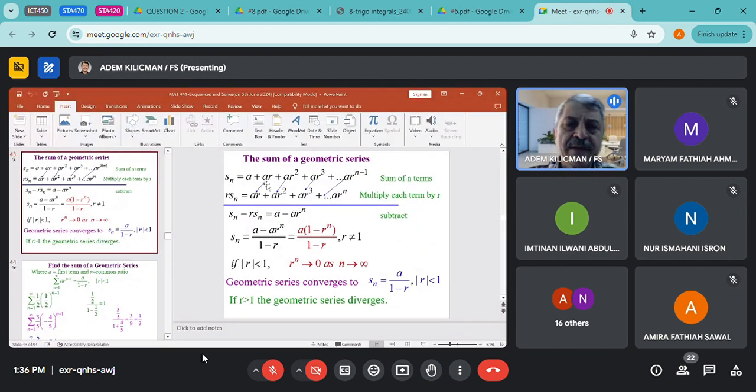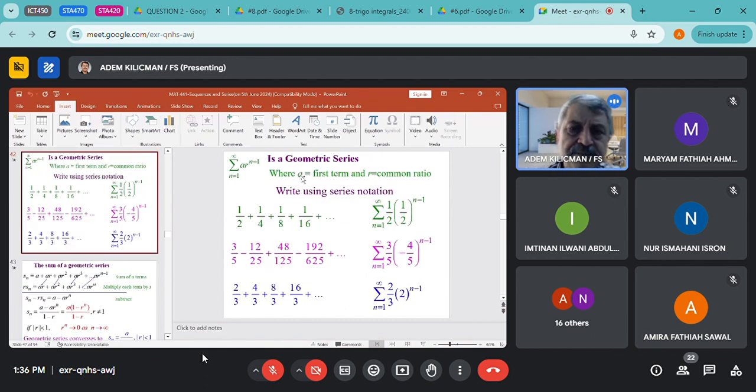Now, if you have the Sn, or we call that the partial sum, it is in the form of A, the first term, plus A times R, plus A times R square. If you go back here, actually, in here this is 1 over 2. Here is square.